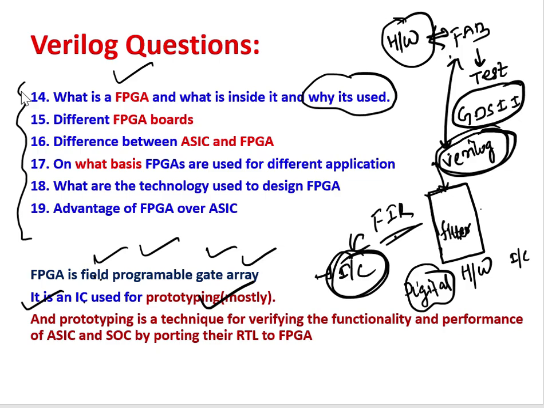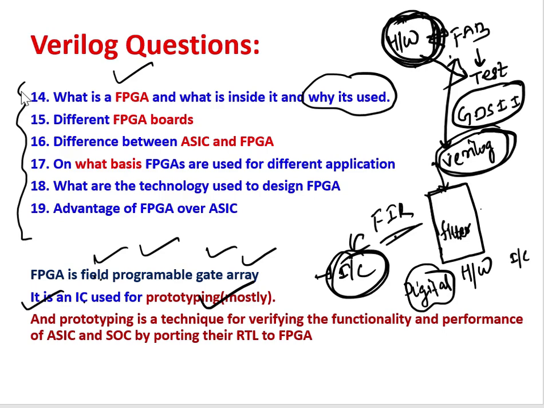Then you get the hardware, and once the hardware comes, you test it and check whether the hardware that you got is as per the specification or not. That means, the functionality of the FIR filter, are you getting that functionality or not.